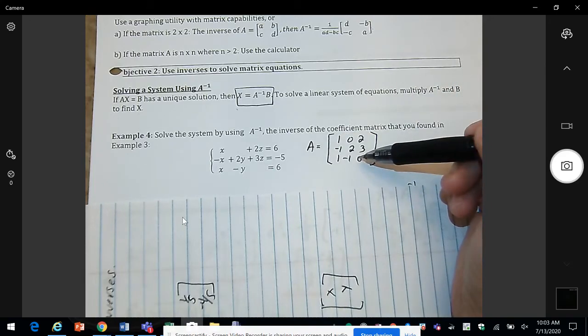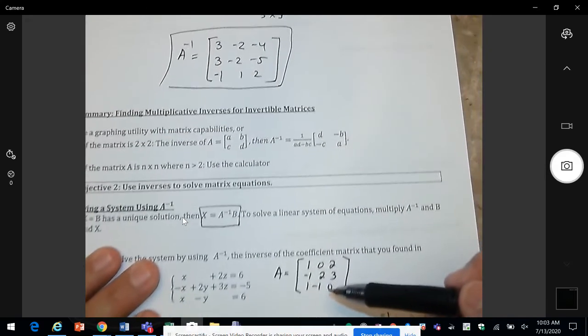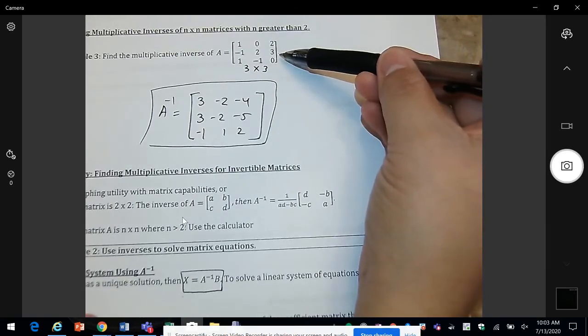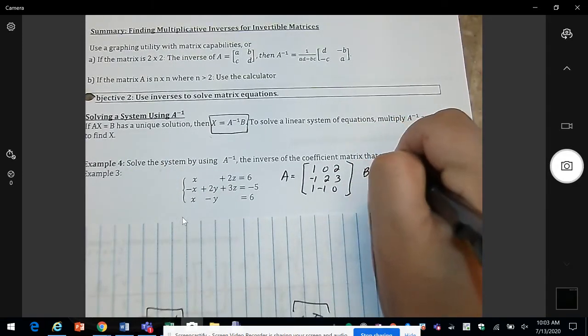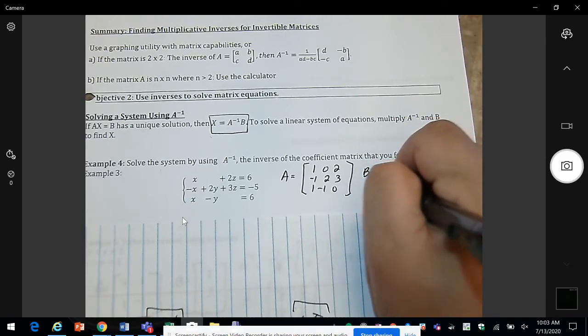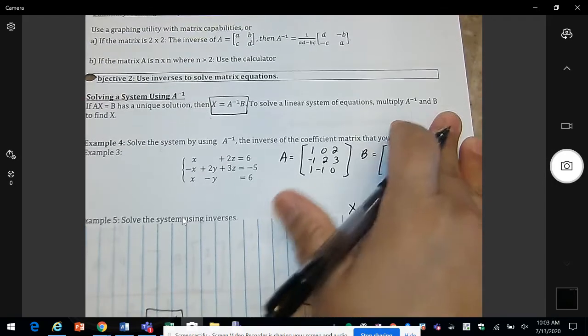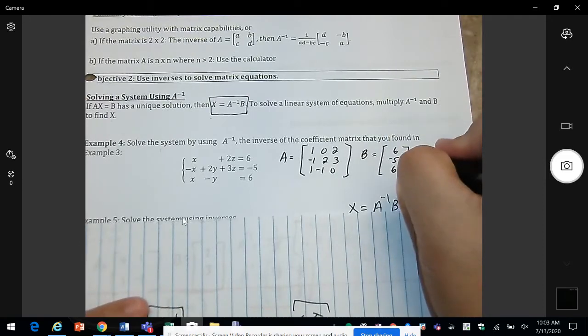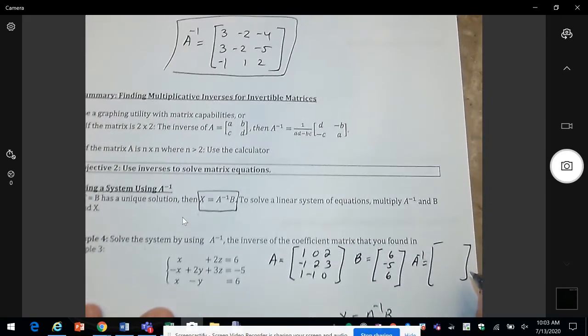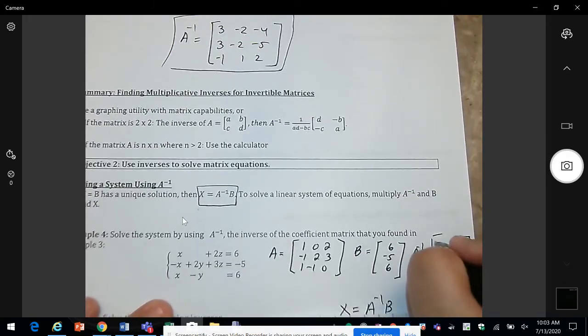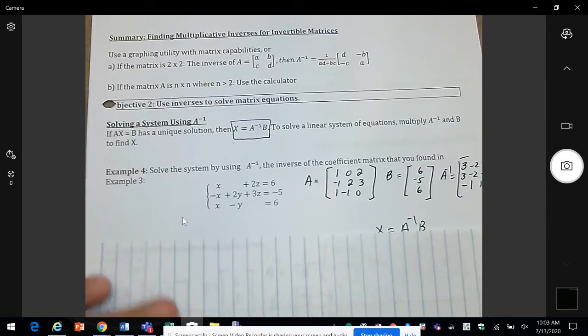And if you notice, this matrix is the same as the matrix we used up here. And then we're going to need a matrix B, 6, -5, and 6. And then we need an A inverse, which we already found in example number 3. So that was 3, -2, -4, 3, -2, -5, -1, 1, and 2.